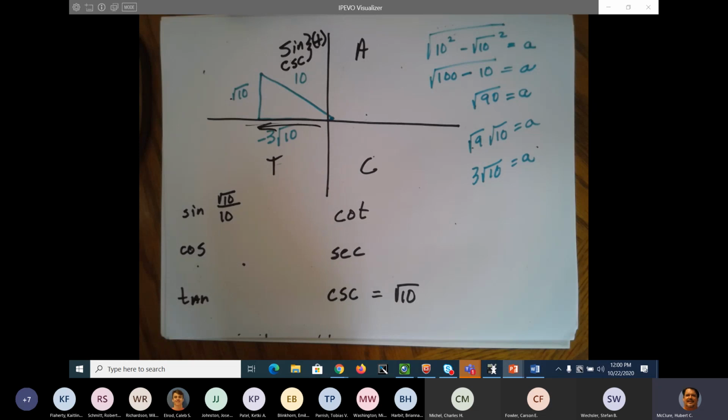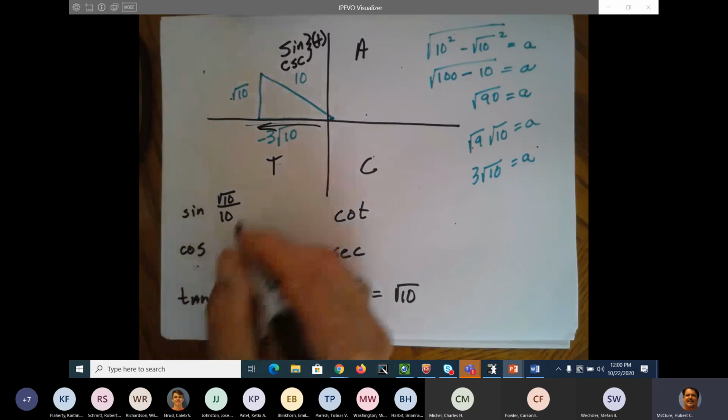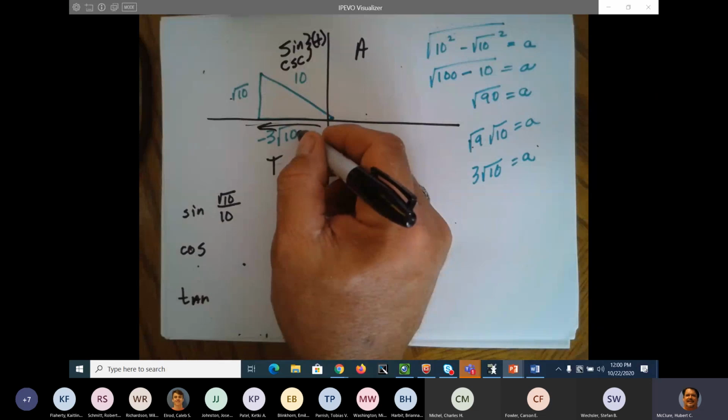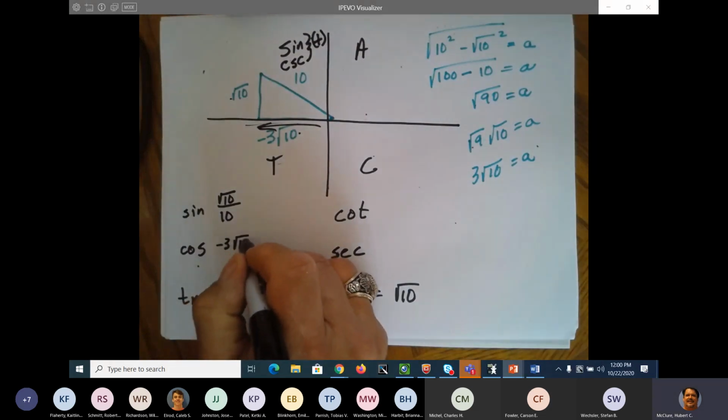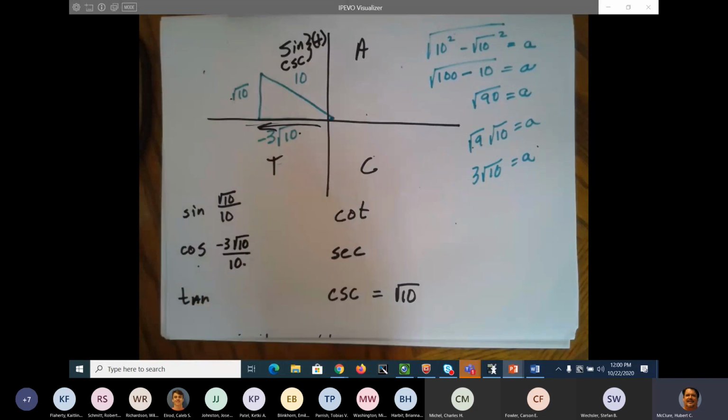Oscar had a hunk. A is here. So that's going to be negative 3 square root of 10 over 10.